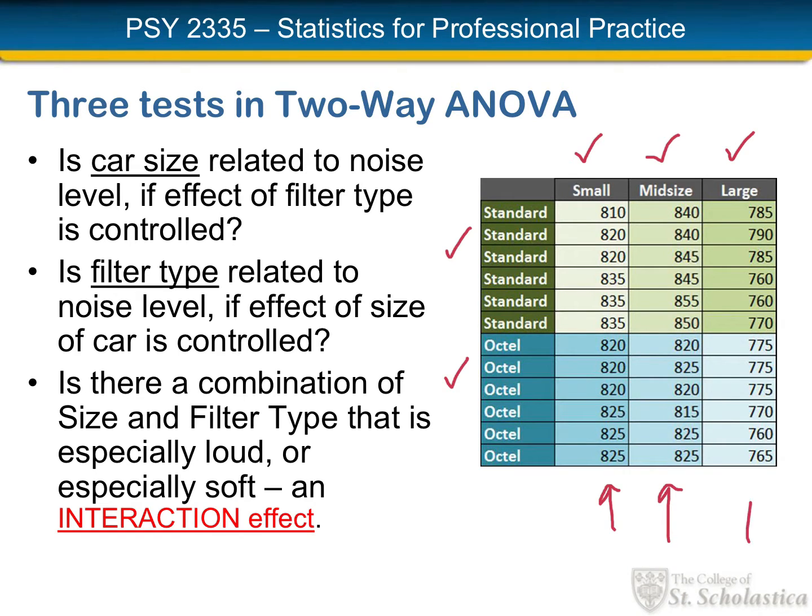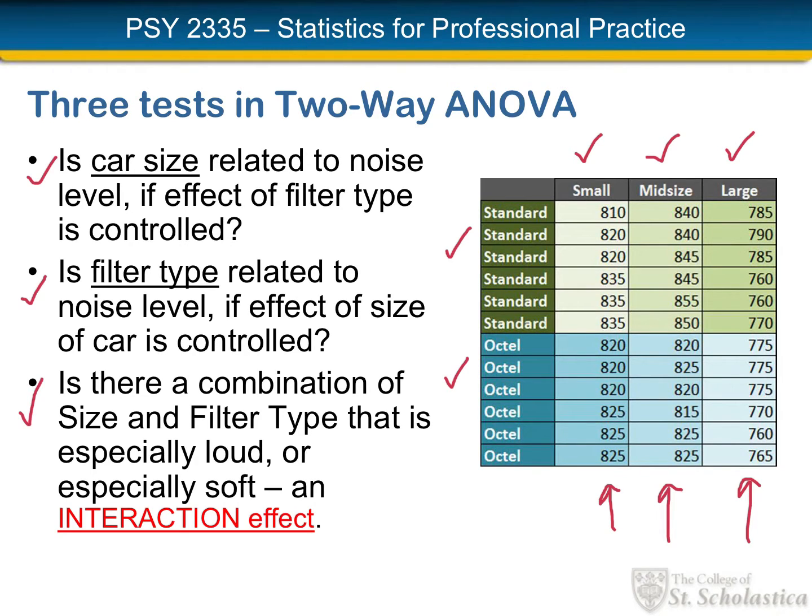There had been complaints that this pollution-reducing filter might in fact make cars noisier, and so they carried out a test to find out if it were true, looking for the main effect of car size on noise, the main effect of filter type on noise, and the possibility of an interaction.